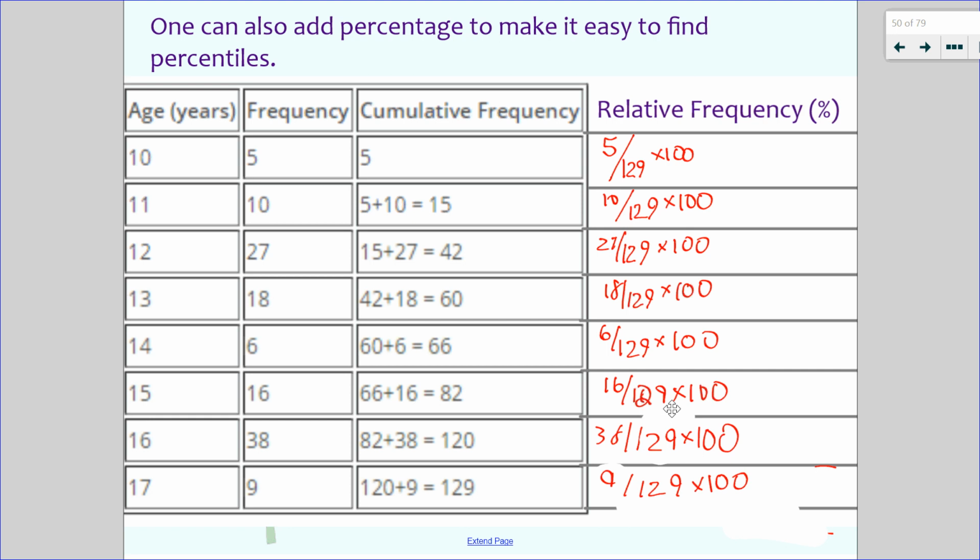So, who would like to hit me with the percents? I got them all in here. That was 14. Thank you.